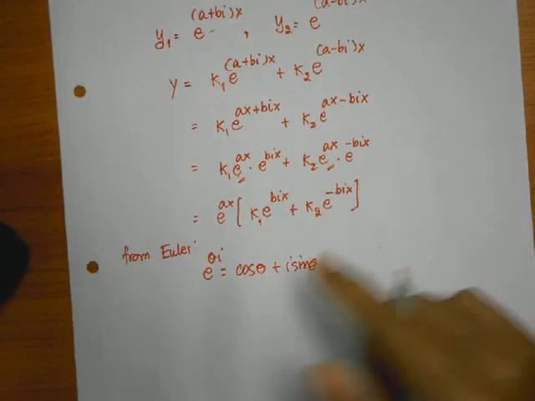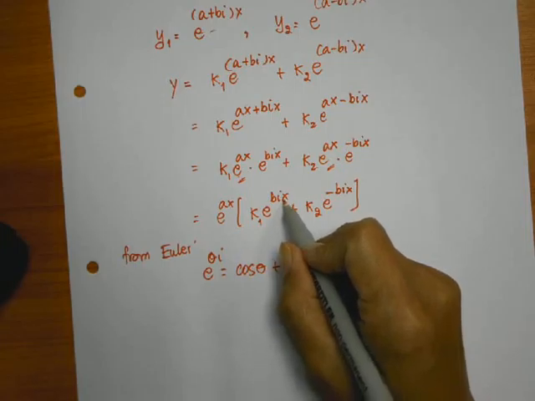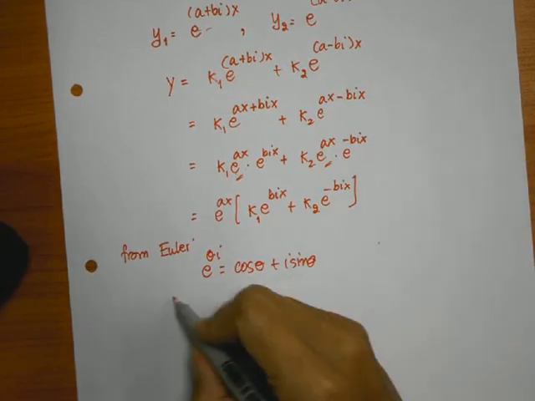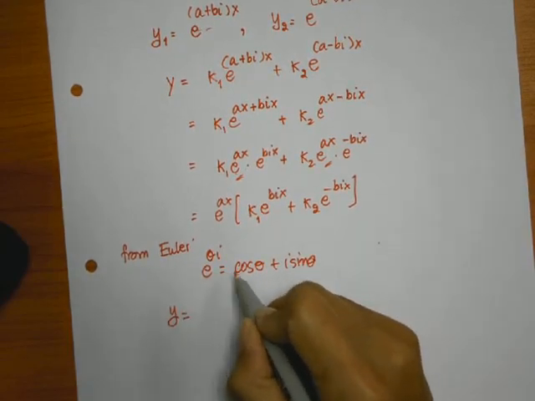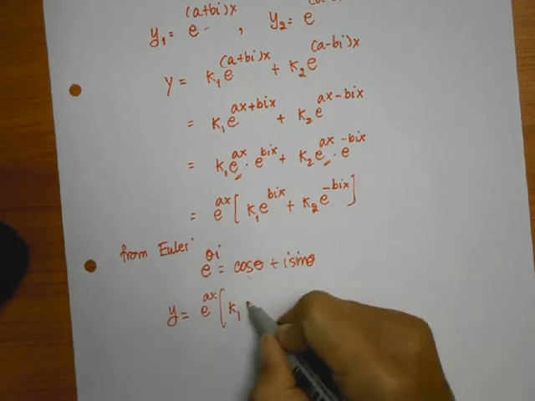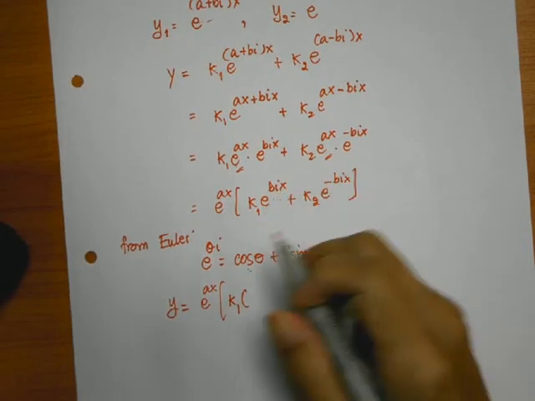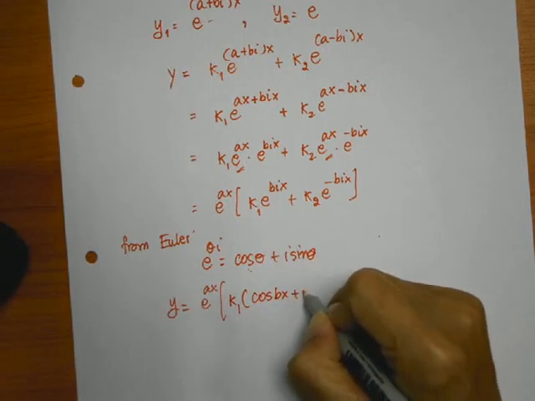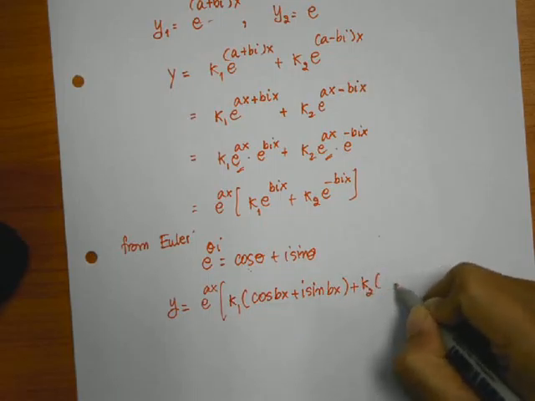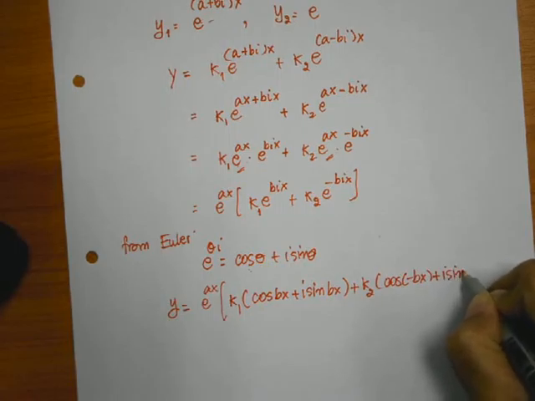From this I'm going to change the imaginary part of the complex number into the terms of sine and cosine. So from this definition, I can get the first term, exponential of bxi, is equal to cos bx plus i sin bx. For k2 I would get cos minus bx plus i sin minus bx.